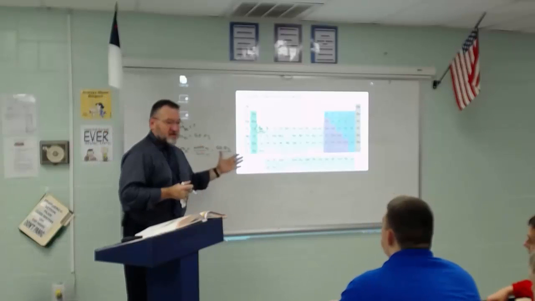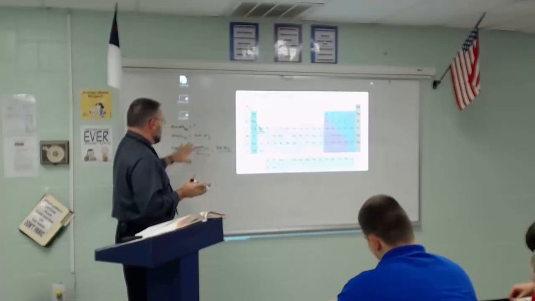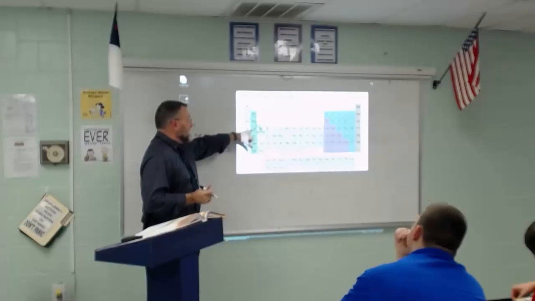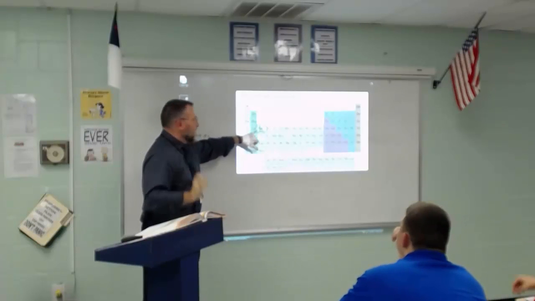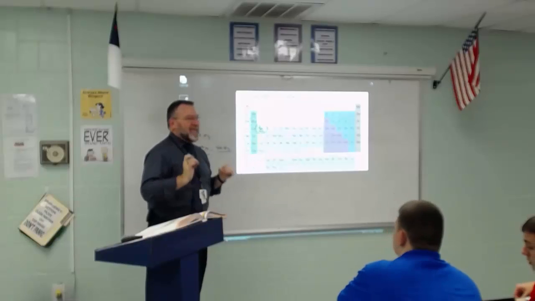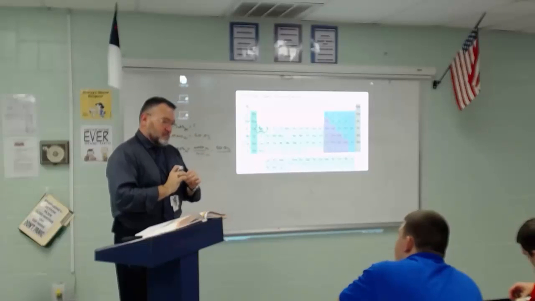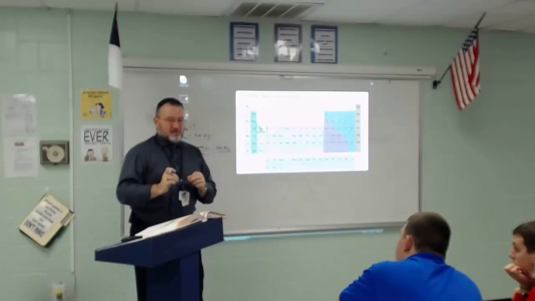Molar mass is in grams. So what is the molar mass of scandium? That's the only thing we lack, right? We look at scandium, and we see that scandium has an atomic mass of 45.0 AMU. So every atom of scandium has a mass of 45.0 atomic mass units.